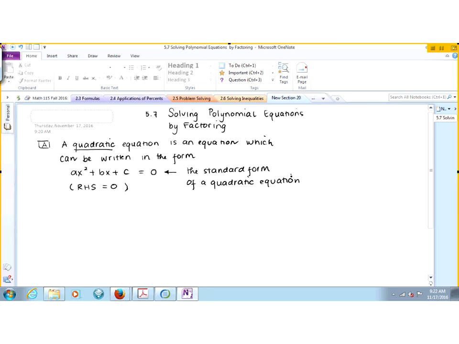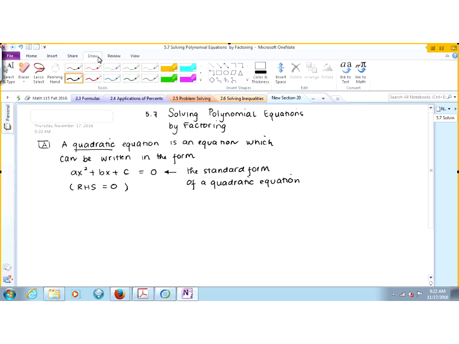So when I say standard form, what do I mean? The right-hand side is equal to 0, so everything else is on the left. For example, a quadratic equation is x squared minus 5x plus 6 is equal to 0. That's an equation.